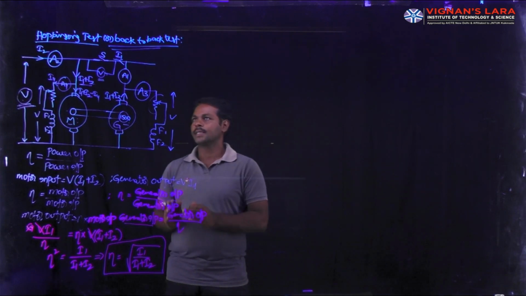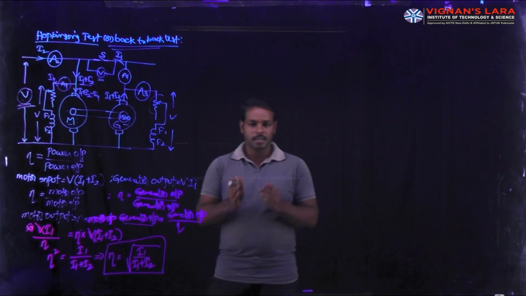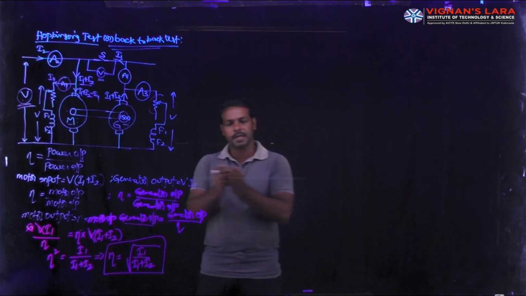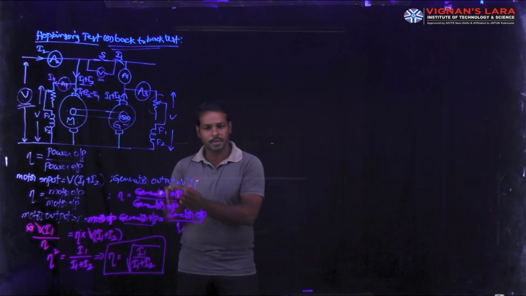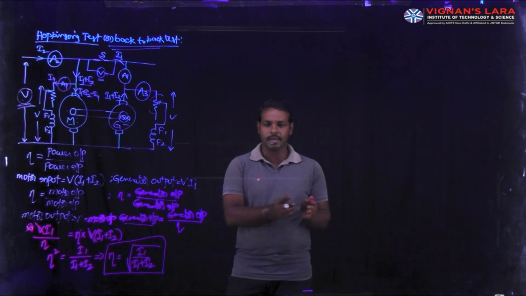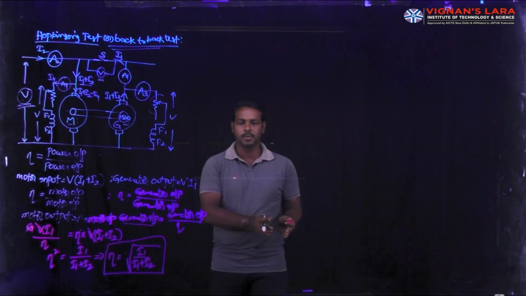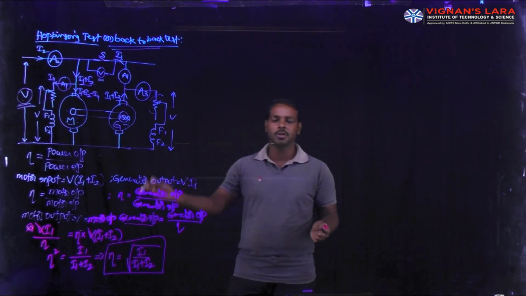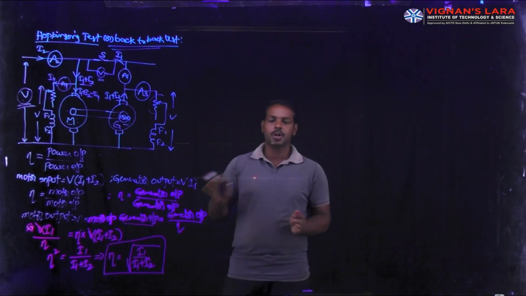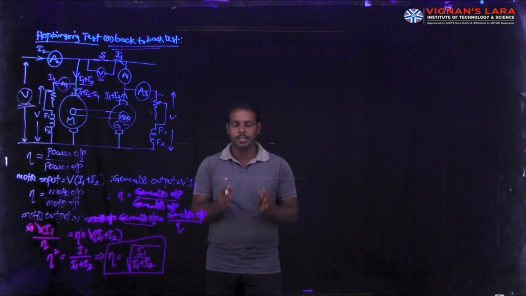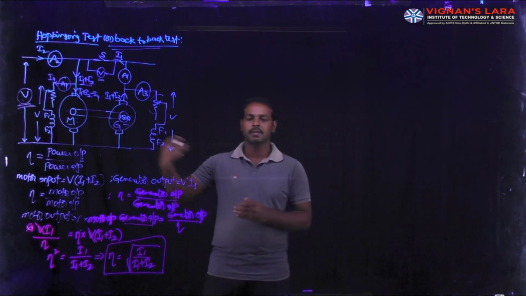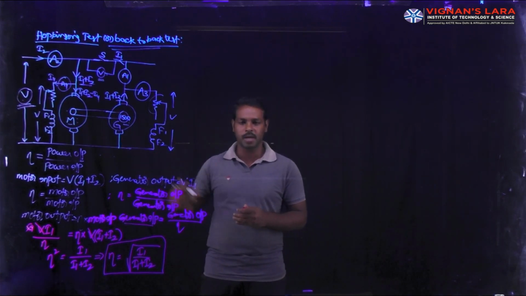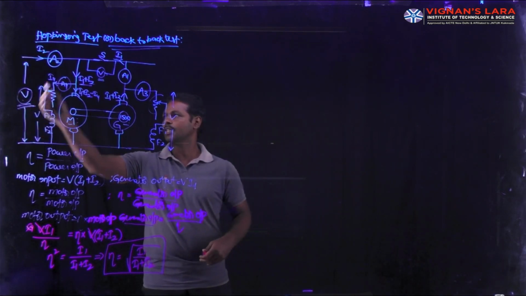Hopkinson's test or back-to-back test means the output of the generator is fed back to the motor, so generator output is equal to motor input, and motor output is directly coupled to the generator input. In this operation, whatever losses exist in the motor or generator are drawn from the supply or bus bar, equal to voltage into current.